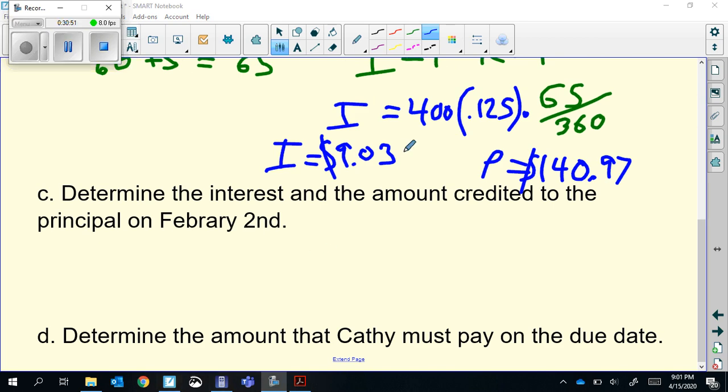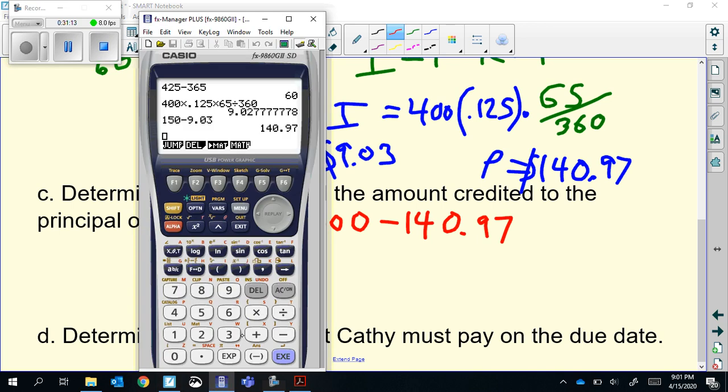So now from that date of January 5th to February 2nd, it kind of starts over. If that much was paid off, we're going to take the total original loan of $400 and subtract the $140.97. That's $259.03.